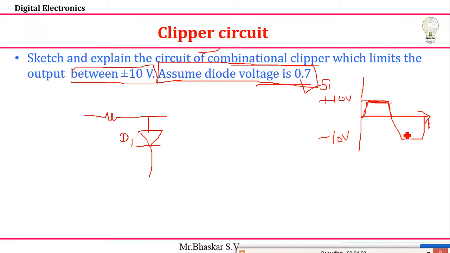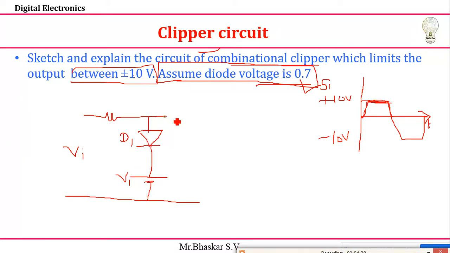For explanation purposes I'll take the positive bias as plus and here minus. Let's take this biasing voltage as V1, you can also call it VB1, and the total applied voltage as VI. If I use this circuit, it acts as a positive clipper.